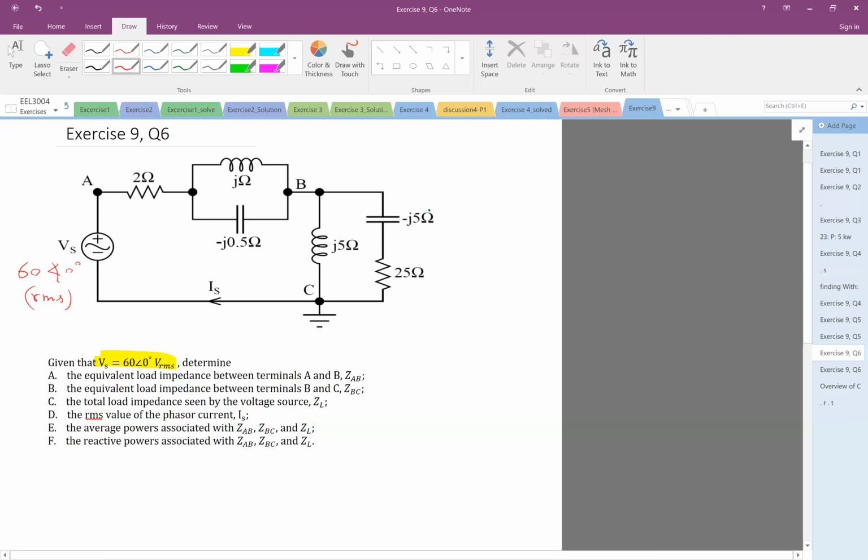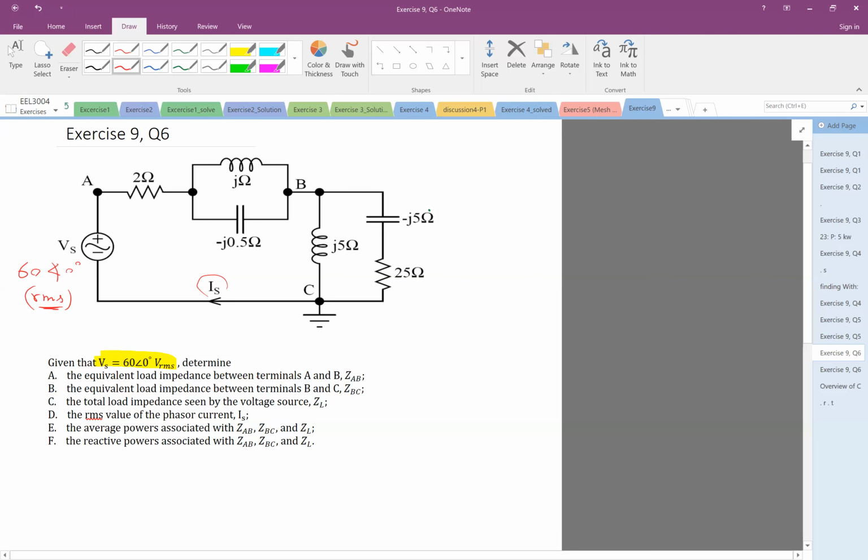Now that the voltage is given as an RMS value, you have to be mindful that if I'm calculating the current, it will also be an RMS value. So in the formula, we have to make sure that we are using the formula for RMS, okay? So this is the voltage, again RMS.